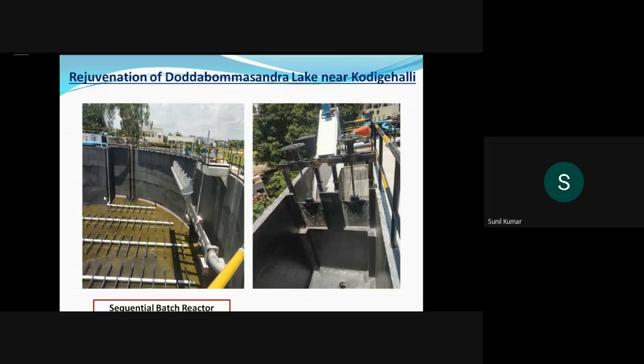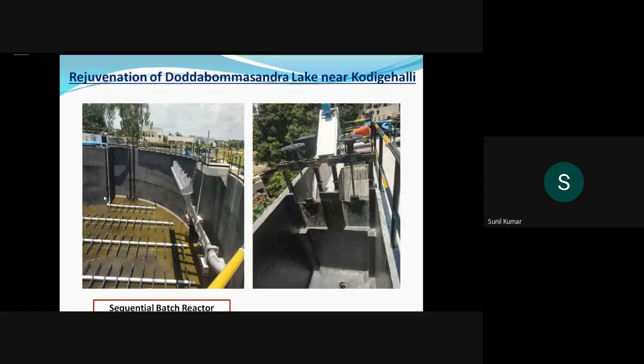So this is the sequential batch reactor which is constructed in this plant, just for your information. The bottom ones are the grids, and you can see a very big boom in silver color, which is the decanter, which comes down during the decanting phase, removes the water and comes to the top.